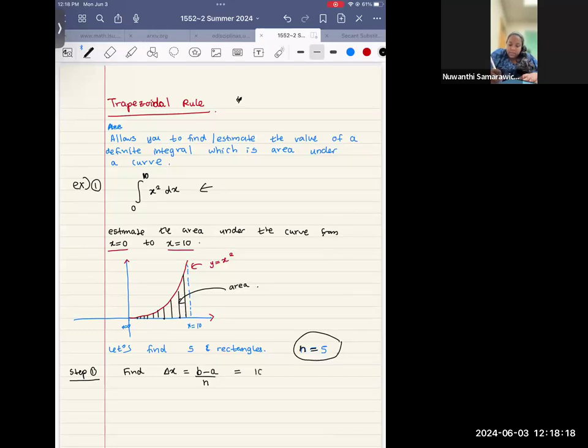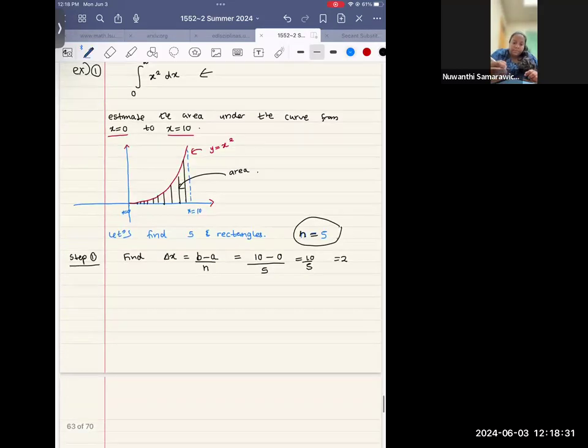So b here is 10 minus a is 0, over 5. So 10 divided by 5 is 2. So the length of a subinterval is 2. So if we draw the real line, and x is starting from 0 to 10, now you have 5 subintervals where the length is 2, 4, 6, 8. Okay.